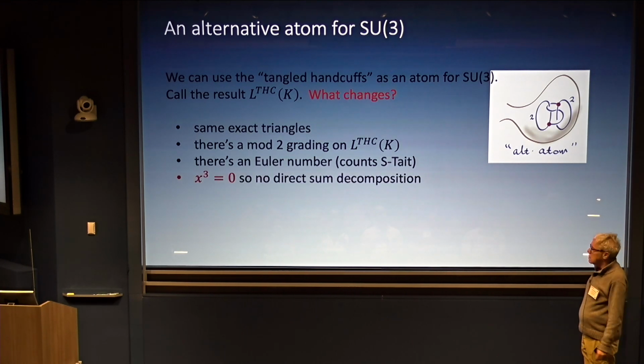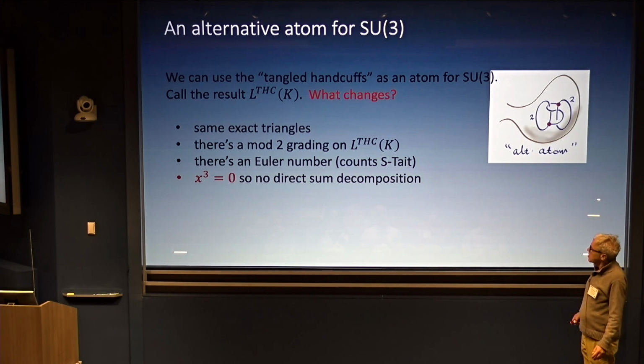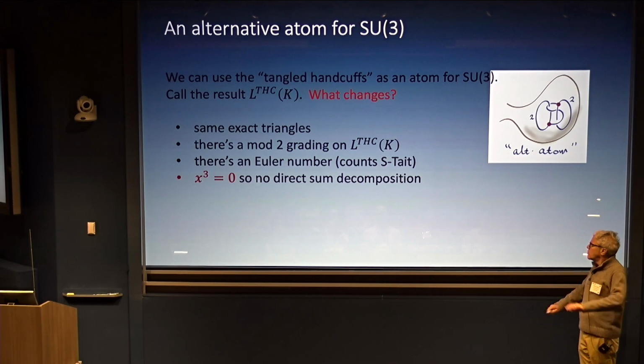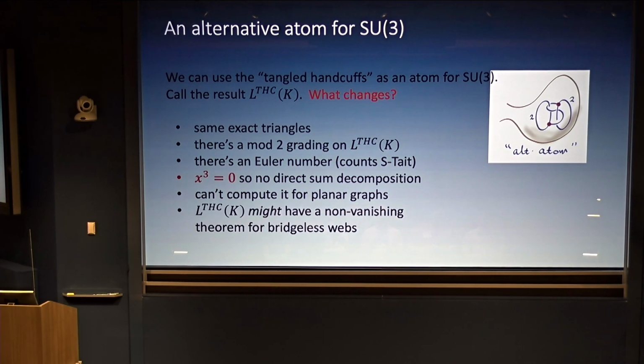But now, with that atom, x cubed plus x is not the relation, it's x cubed. X cubed equals 0, just like J sharp. So this, again, we can't compute. There's no direct sum decomposition according to one sets and two sets. Can't compute it for planar graphs. Might have a non-vanishing theorem for bridgeless webs.